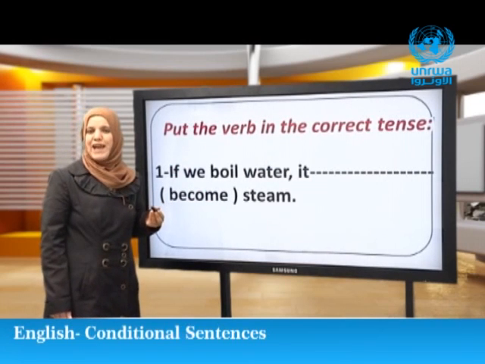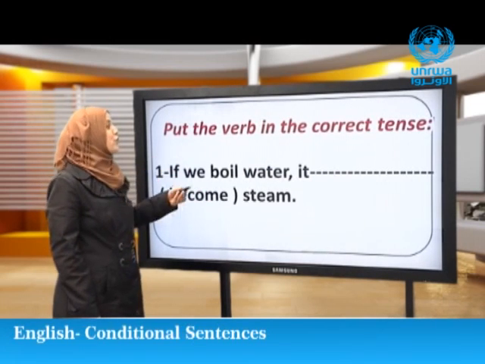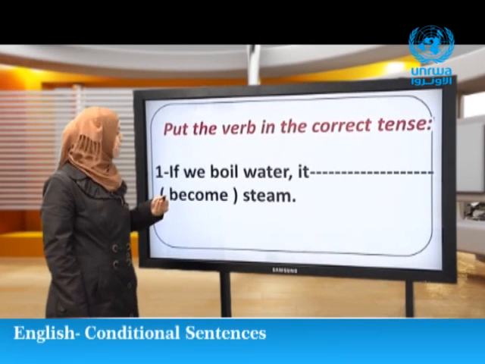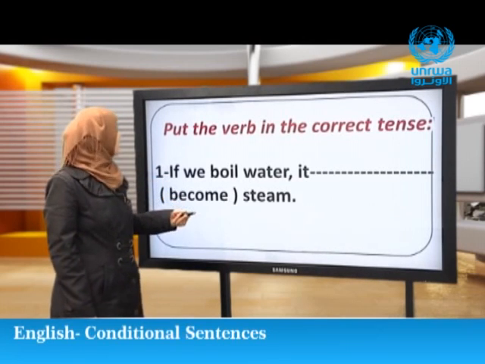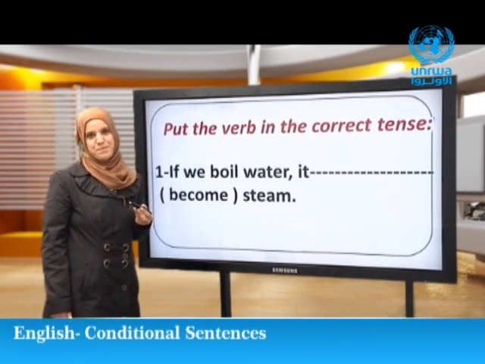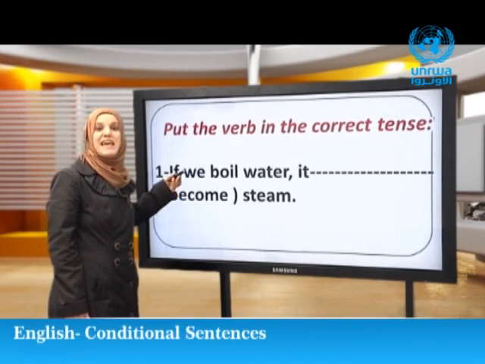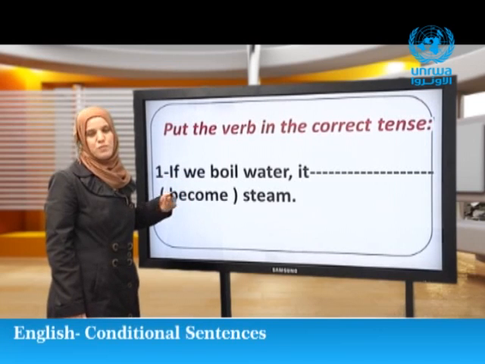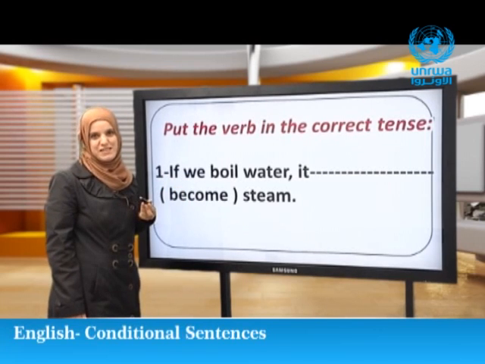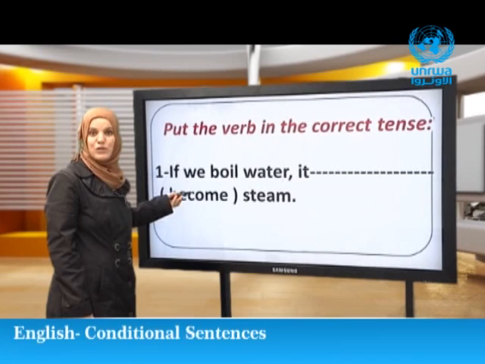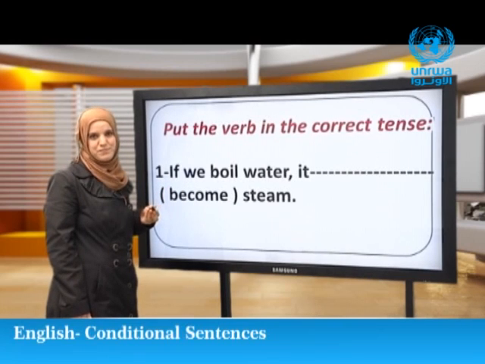Now it's time to practice. Put the verbs in the correct tense. If we boil water, it becomes steam. عندما نغلي الماء يتبخر. This is a fact, or this statement is always true, a scientific fact. So this is a zero conditional sentence. جملة شرطية صفرية.